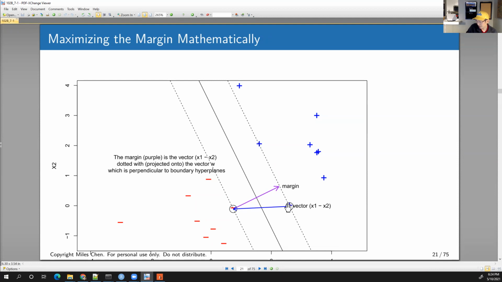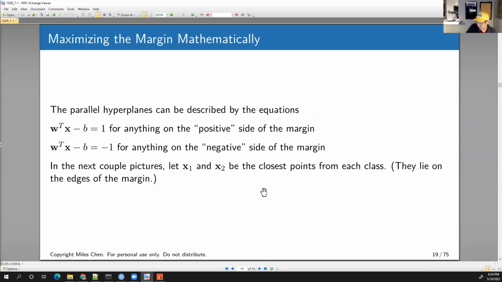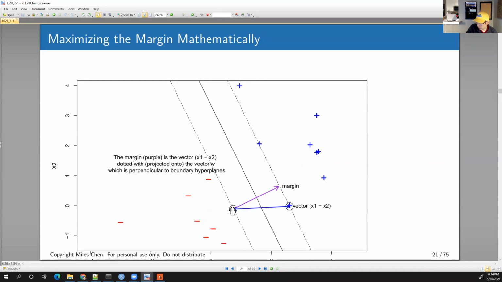So I'm going to define one point that lies on this line, and we'll call that x1, and this point over here will be x2. And so the vector x1 minus x2 is basically the arrow that connects these 2 points.